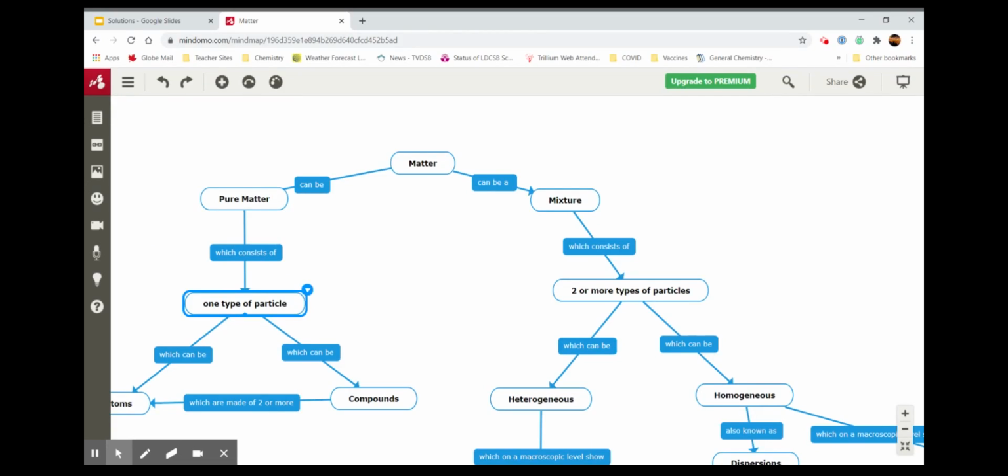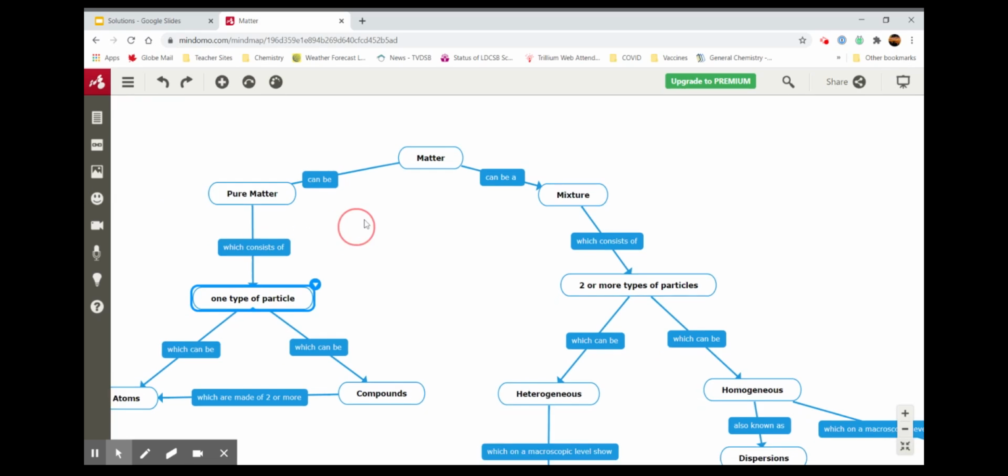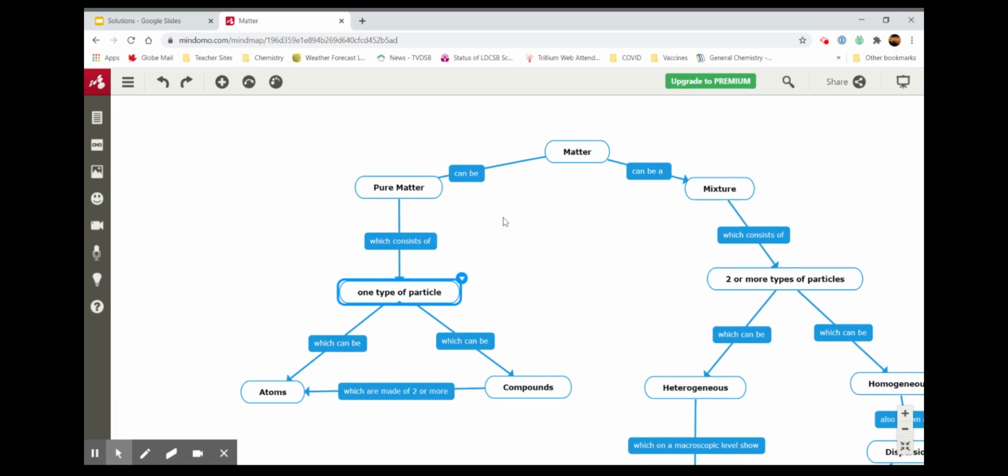Let's start off by looking at the classification of matter to locate what we've been talking about so far and where we're going. Now, matter can be classified based upon the particles which make up that substance. Matter is said to be pure if at the particle level there's only one type of particle.